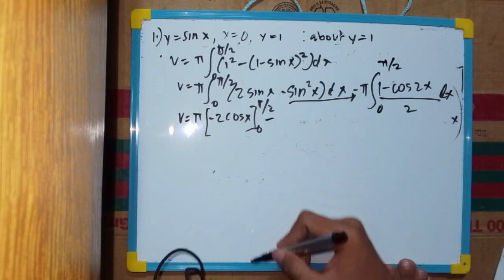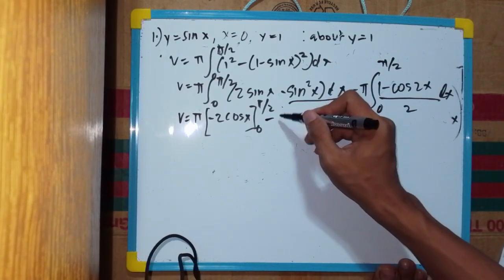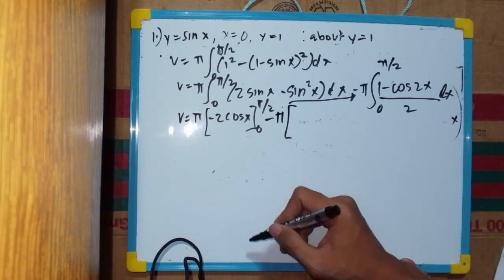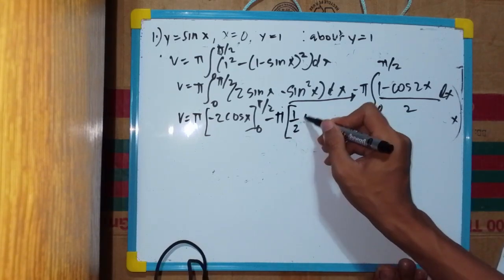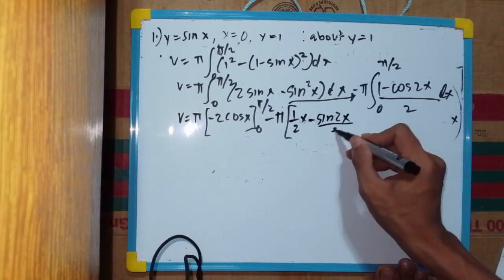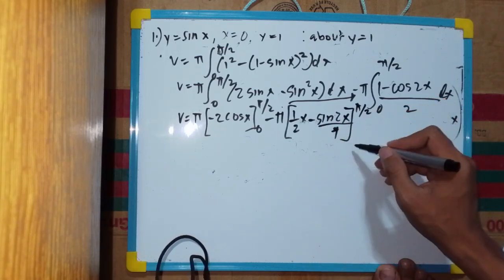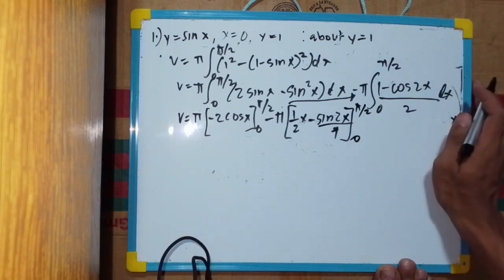So we can have pi times [negative 2 cosine x minus (1/2 x minus sine 2x over 4)] from 0 to pi over 2.